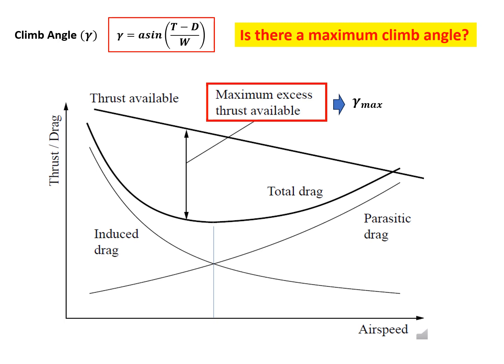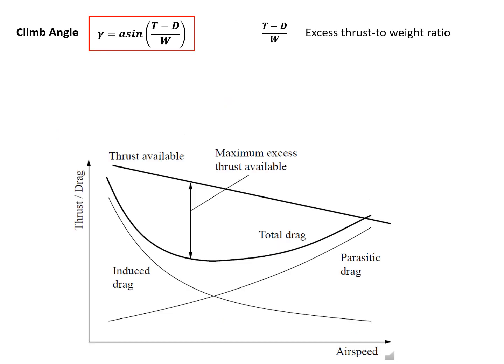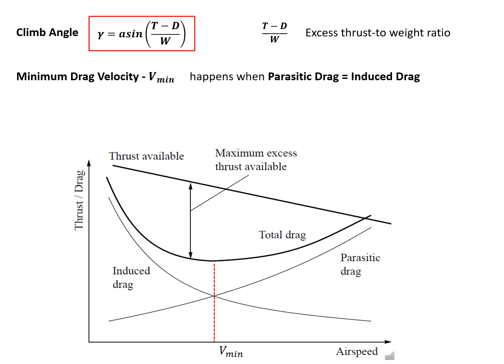Now let's have a better look. Let's first define the minimum drag velocity, V minimum. At this speed, the parasitic drag and induced drag have the same magnitude, and the total drag is a minimum.